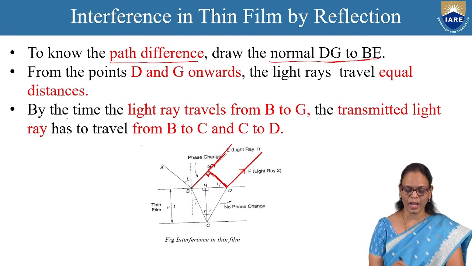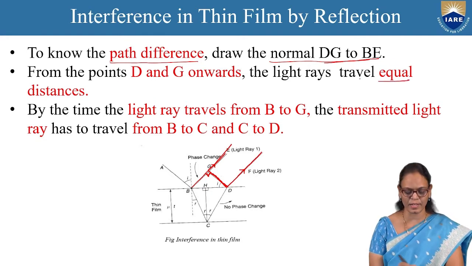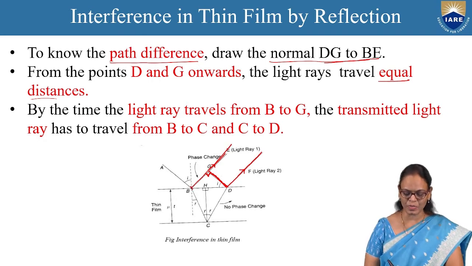So now what happens? From the points D and G onwards, the light rays travel equal distances. But by the time the light ray travels from B to G, the transmitted light has to travel from B to C and C to D. Means if you talk about the first light ray, we are not talking about this.